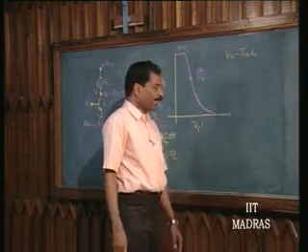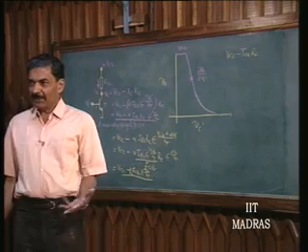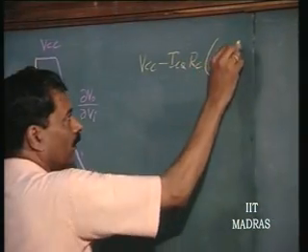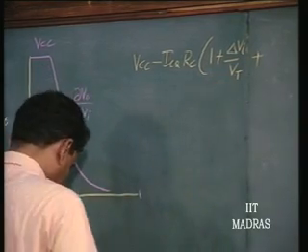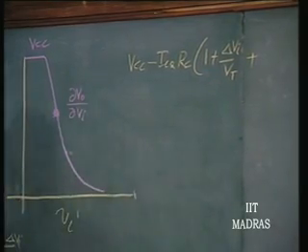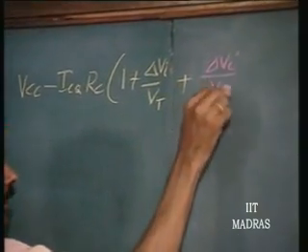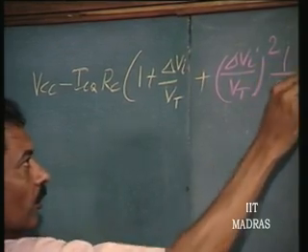Okay. What is exponent delta Vi by Vt? 1 plus delta Vi by Vt, that is 1 plus x plus x square by 2 factorial, and so on.